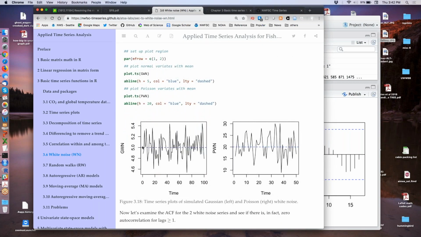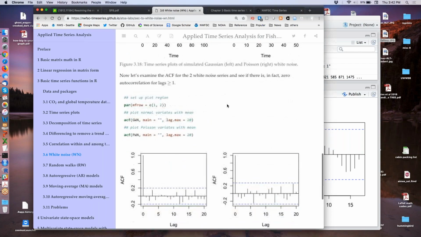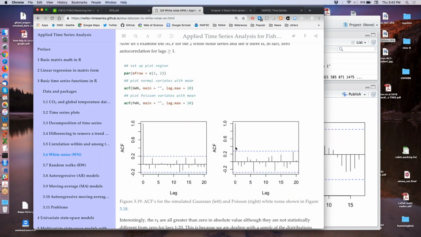This is Gaussian white noise, which I added a non-zero mean to, so it's not truly that. Here's a random Poisson variable. If you plot the ACFs of both of those, they both look like this.